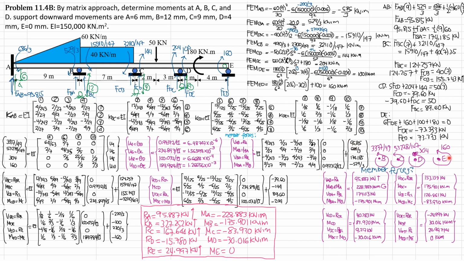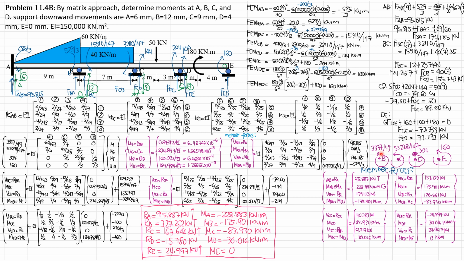So the net global loads, the nodal loads, would be 529 minus 529 over 3, treating clockwise as positive, minus 5910 over 147. If the result is positive, it means counterclockwise. If it is negative, it means clockwise. Because remember, nodal loads are opposite to fixed end moments or fixed end forces.